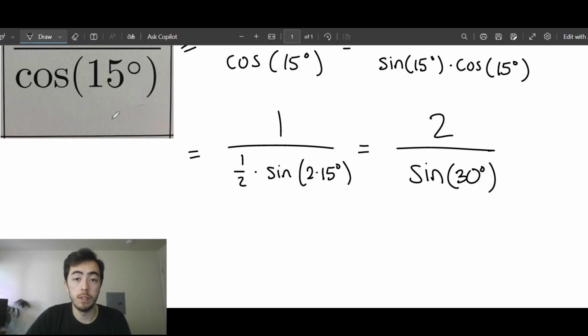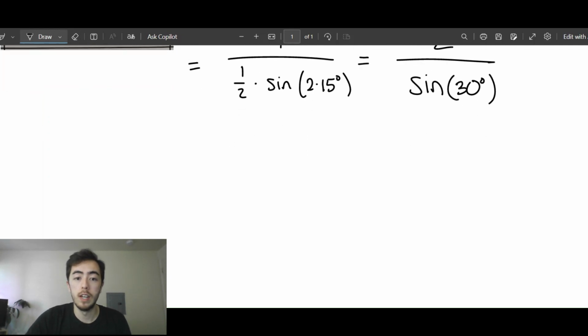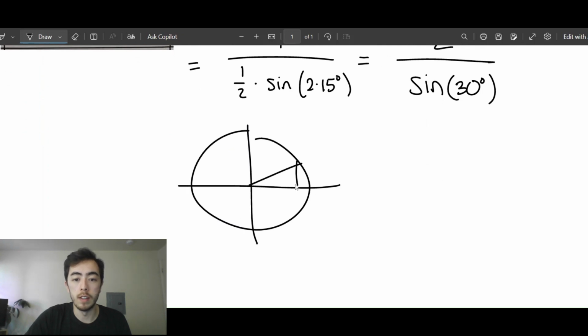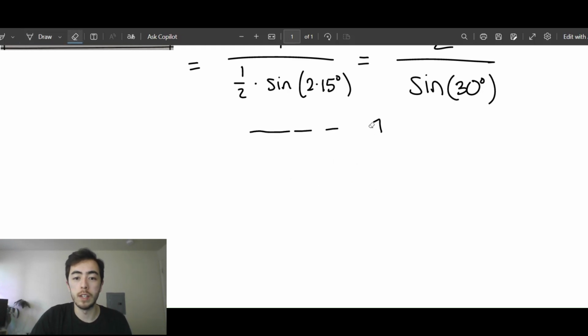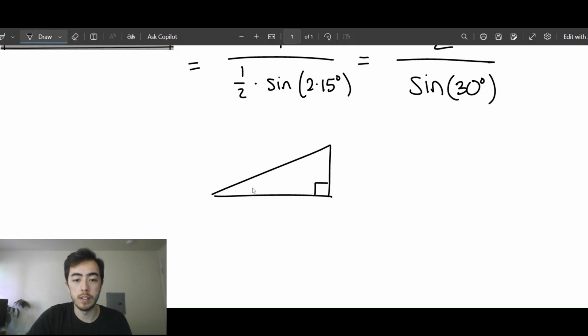Now we just need to show what sine of 30 degrees is. Maybe you could think about your unit circle, and this 30-degree angle here brings us exactly halfway up between 0 and 1. Maybe you can think of your 30, 60, 90 triangles, where these triangles have a certain relationship with the side lengths.